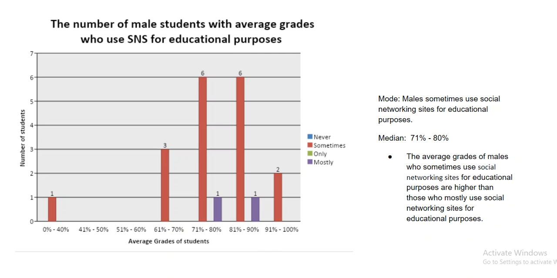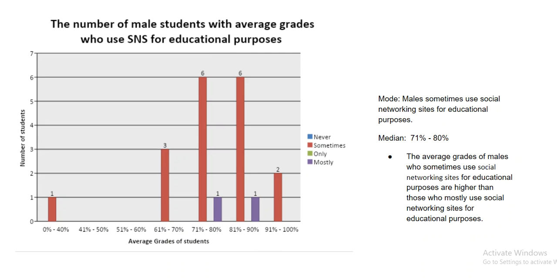Another sub-hypothesis is students who use social networking sites for educational purposes will have higher average grades. So the data collected shows that males sometimes use social networking sites for educational purposes.